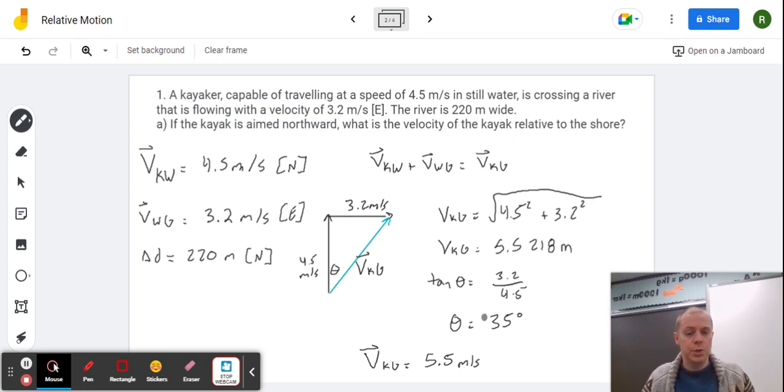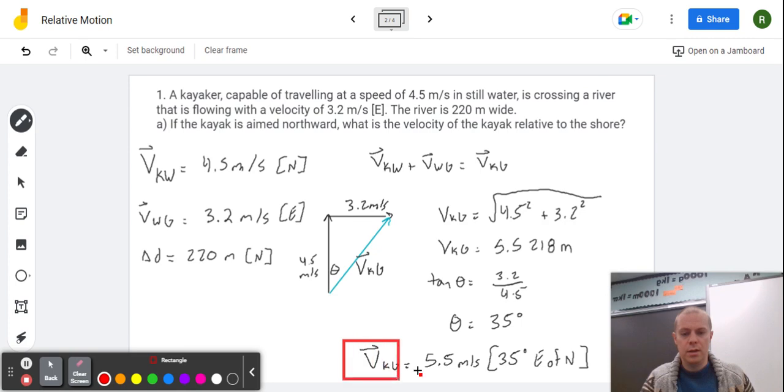We're limited to two significant digits here. And then we are 35 degrees east of the north direction. So that is our answer.